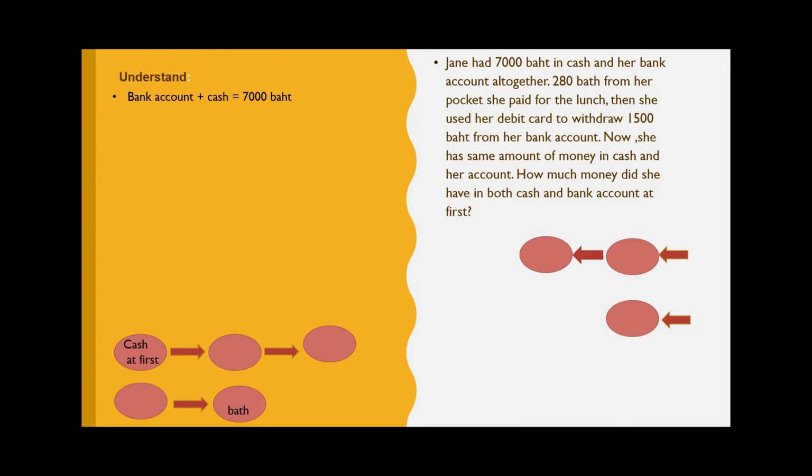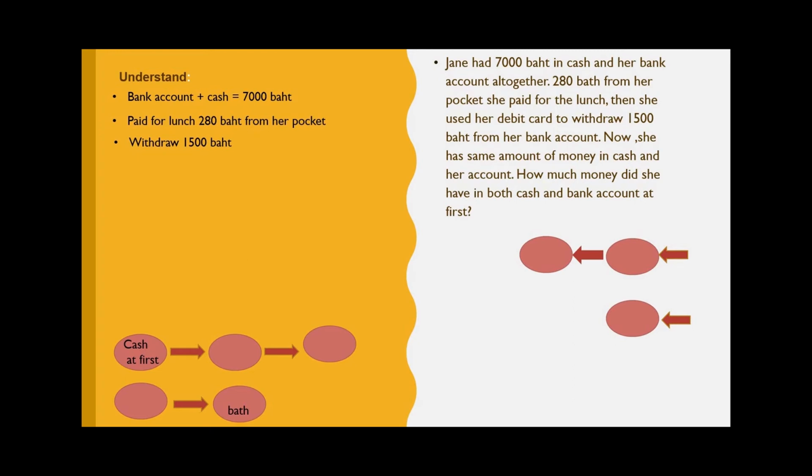Then she used her debit card to withdraw 1,500 baht from her bank account. So she withdrew the money, but she never spent it for buying anything. So she still has this 1,500 baht in her pocket.